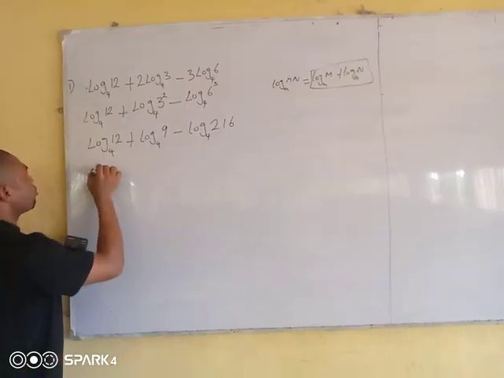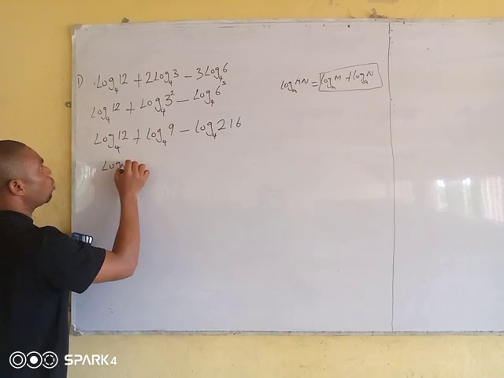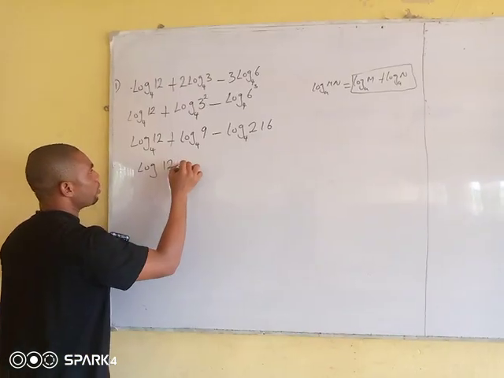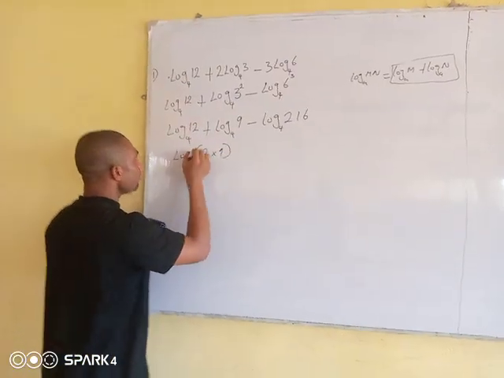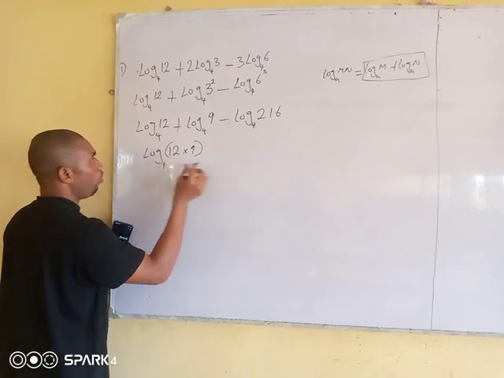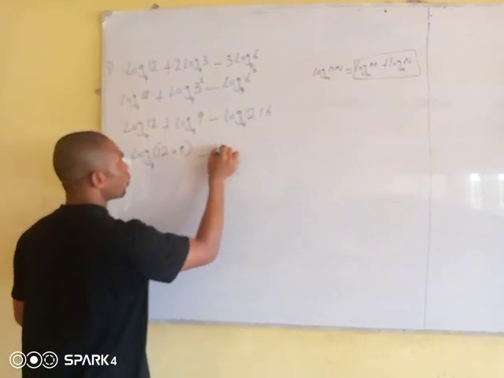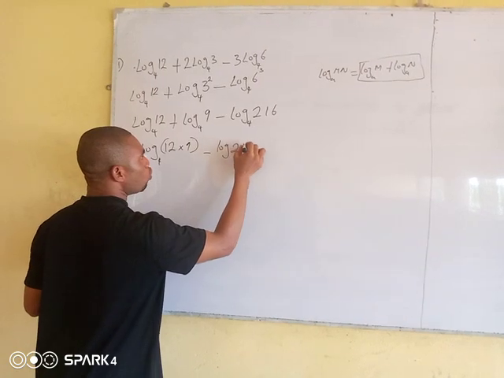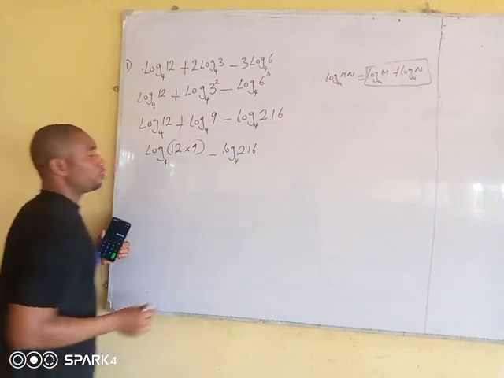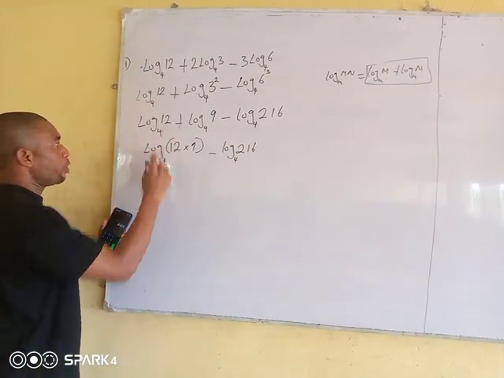Now I'm going to convert this form back to this form. Meaning I'm going to have log 12 times 9 base 4 minus log 216 base 4. Now from here, let's multiply.